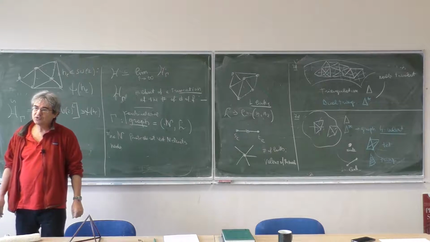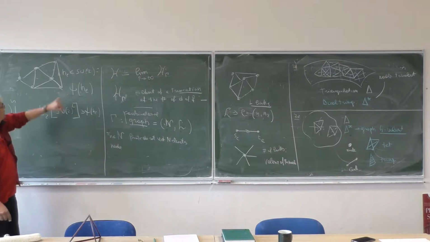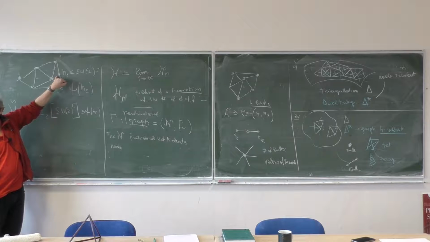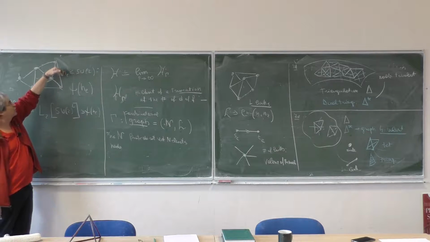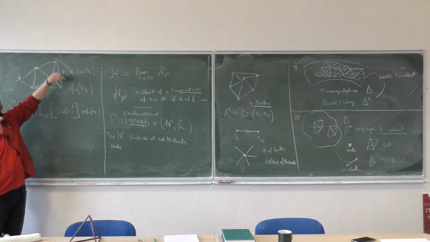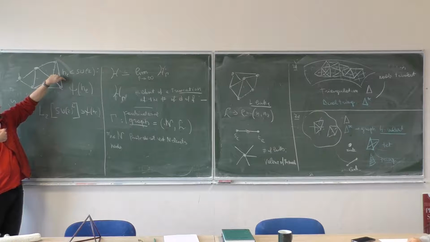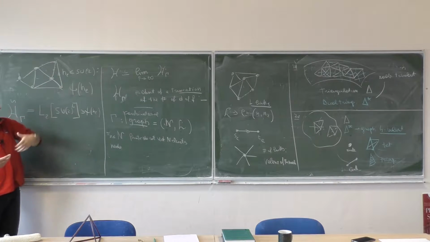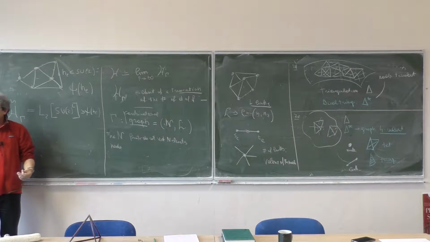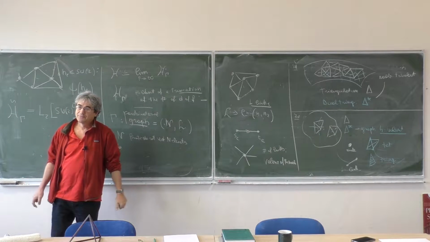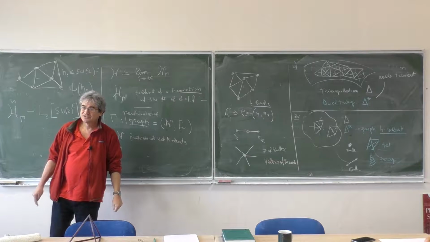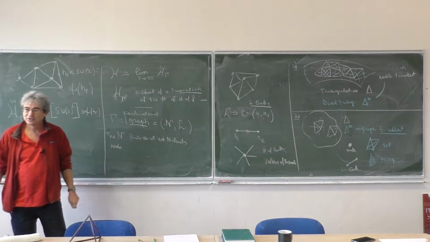It's just because when you actually want to assign an SU2 element to that, you have to say the SU2 element is assigned to the link oriented this way, and to the opposite orientation you have to assign the inverse. So just to be able to work and to start naming things, you put an orientation, but the actual choice of orientation is irrelevant to anything you compute.